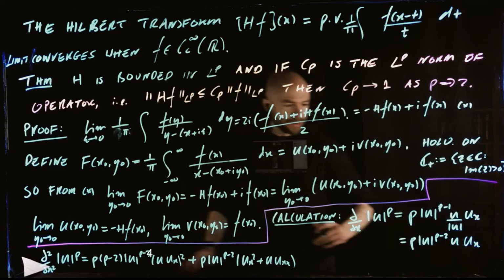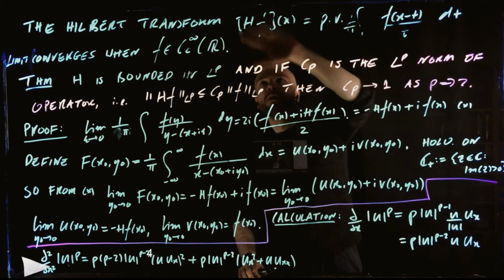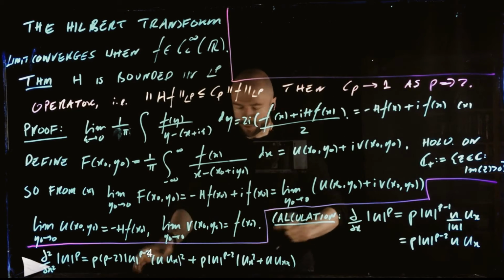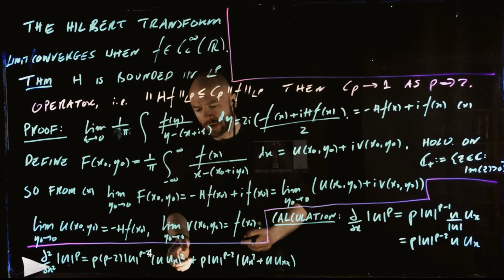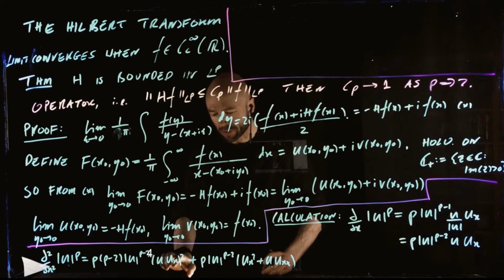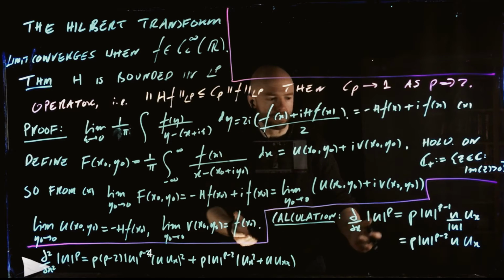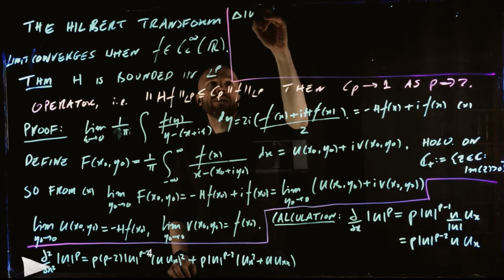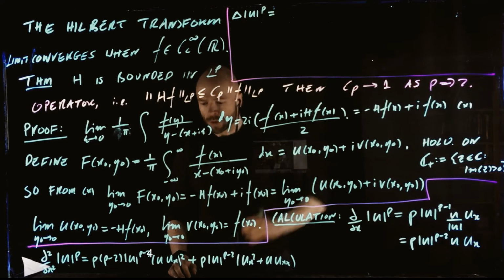Cool. All right, so since this expression is important, I'm going to run off some board space. If we do this with respect to y, then we're going to get a completely identical expression, except we're going to have u of y x. So again, we're going to have u of y here, and u of y squared, and u of y, right? This will be exactly the same things, right? So if we do this together, the Laplacian of the pth power of u, then what are we going to get?